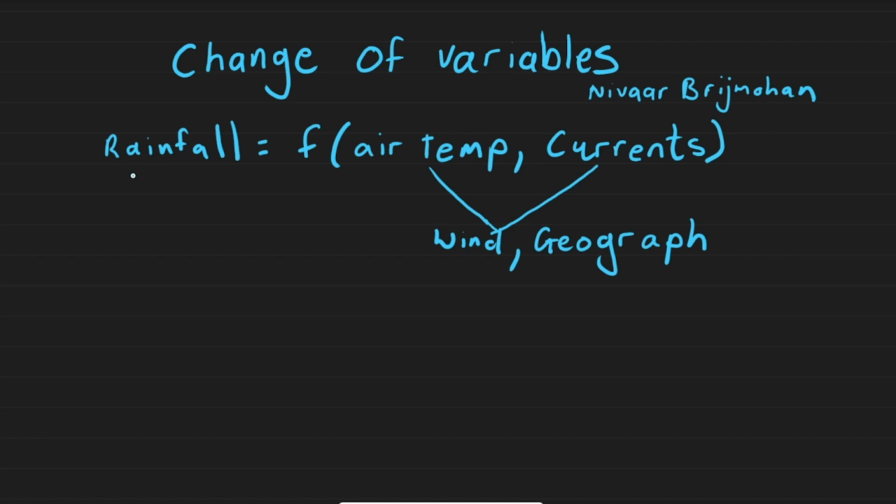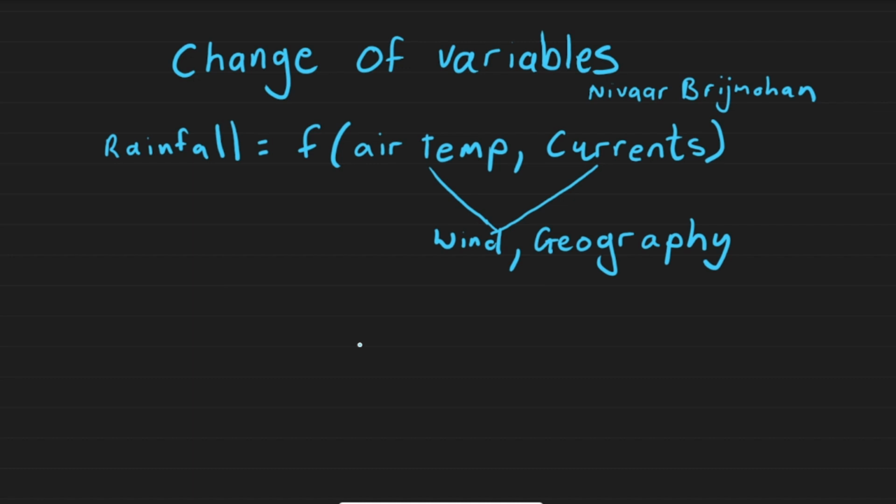So we can perhaps assess the rate at which rainfall is going to change with respect to air temperature and currents. But would we be able to check how the rainfall will change with respect to wind speed and geography? Well, there is a method to do that, and it's about converting between different variables.